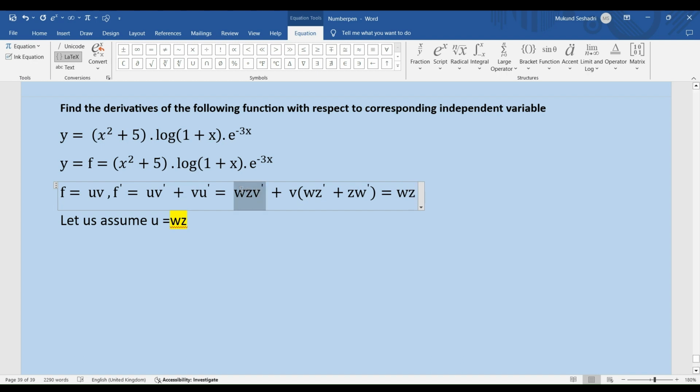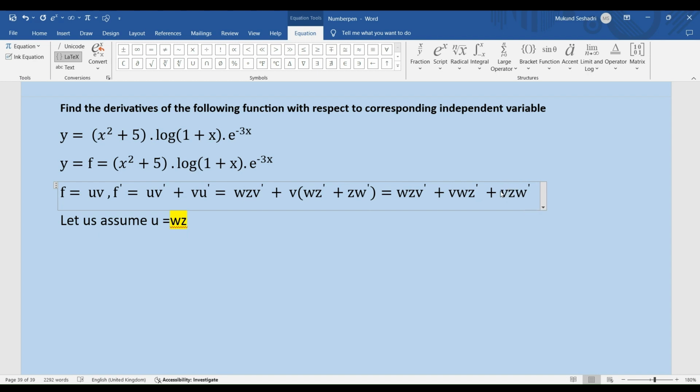If I have my f as a product of three functions, which is vwz, the way I arrive at f dashed is again very similar to the product rule when it comes to two functions, just that I can extend this to a finite number of functions, be it the sum rule or the product rule, right? So this is what I get.